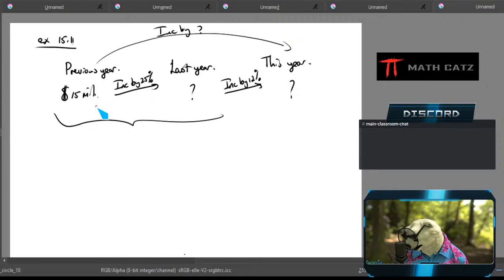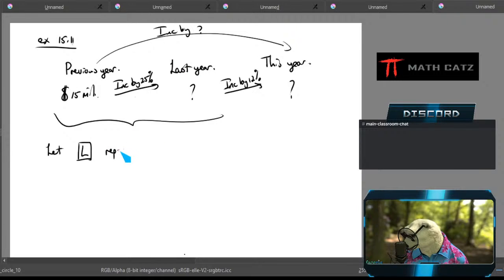The first step is from the previous year to last year. I have three pieces, three numbers. There's the original, there's the new, and there's the increase. So let's say I'm going to put L in a box for last year.